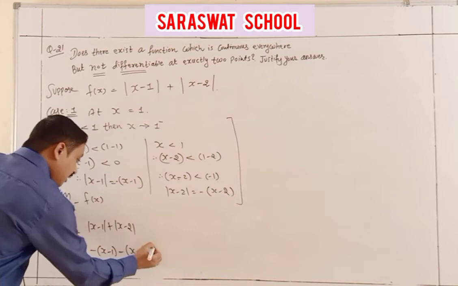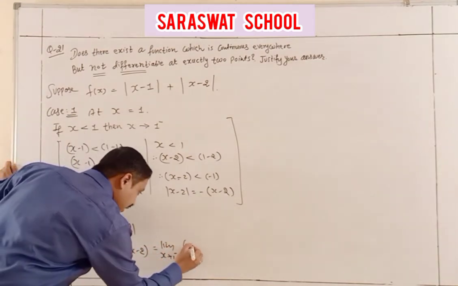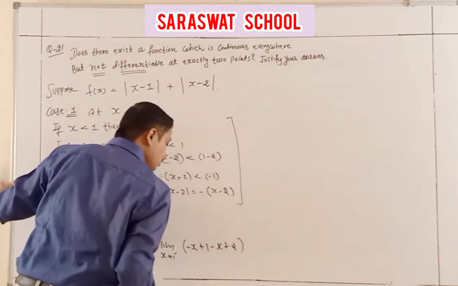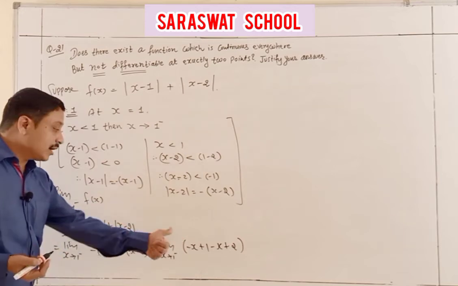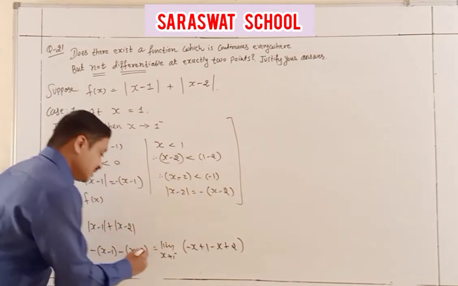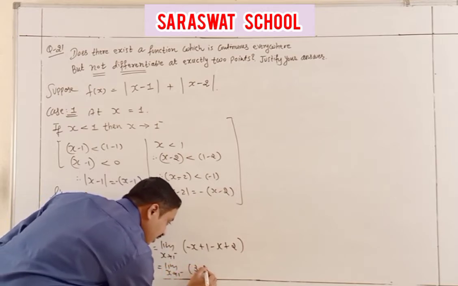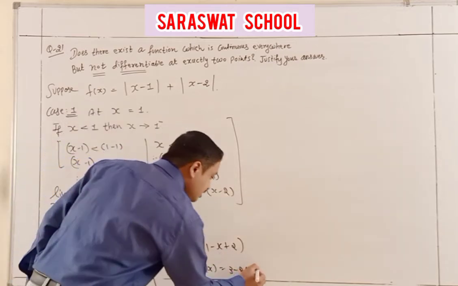So limit x tends to 1 minus, it is minus x plus 1 minus x plus 2, and finally we get how many? 3 minus 2x. Yes, limit x tends to 1 minus, it is 3 minus 2x, and I apply x is 1, I get only 1.